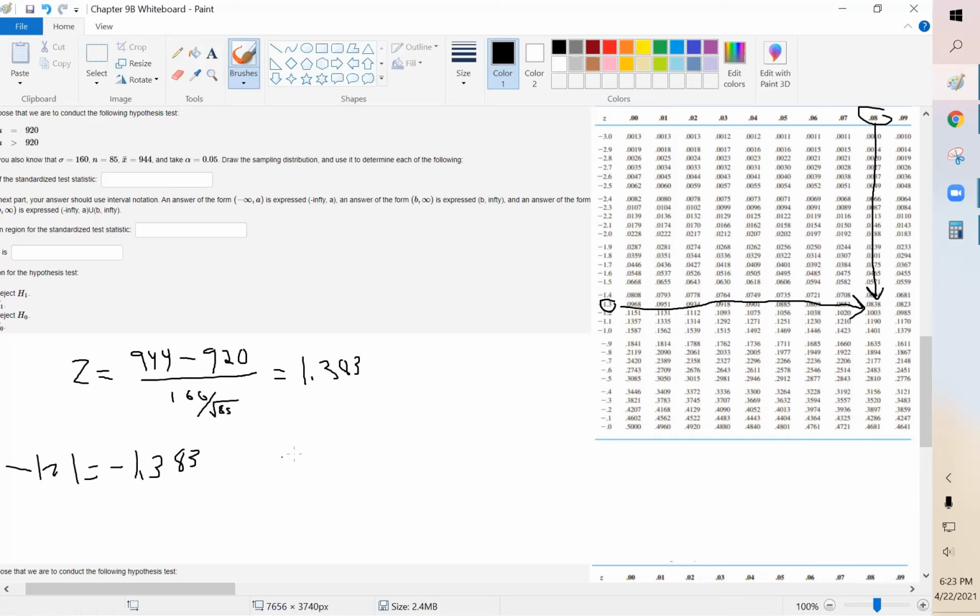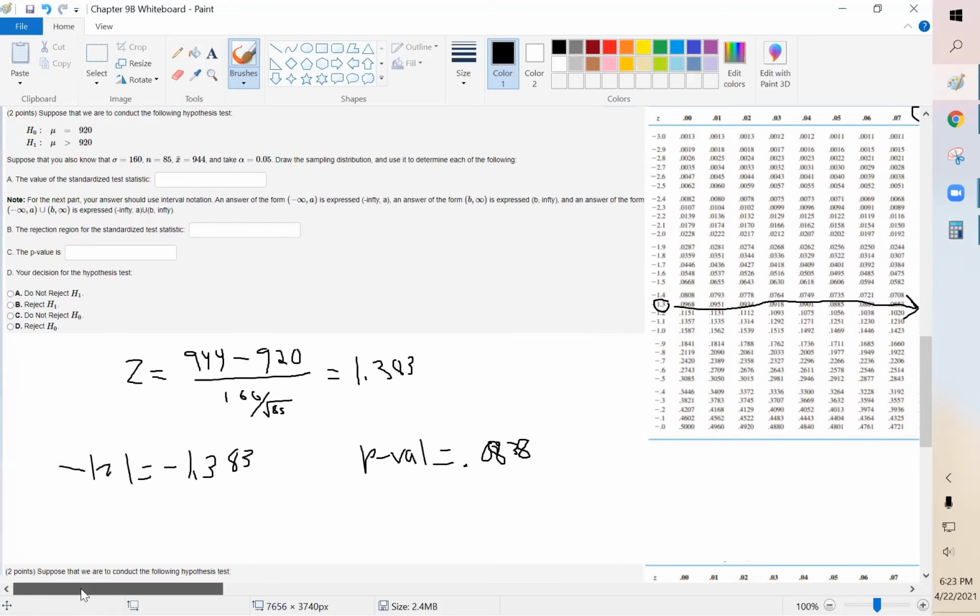That's right there. So p-value is equal to 0.0838. And in this case, our p-value is not below alpha. So therefore, we fail to reject the null hypothesis.